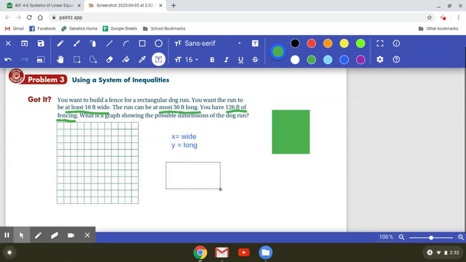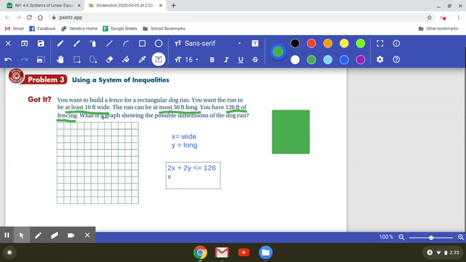So we have 2 width plus 2 long, and that has to be less than or equal to, and on the graph I will write less than or equal to, 126 feet. Right? That makes sense. We know where we're going with that. All right? Let's write the other two equations.